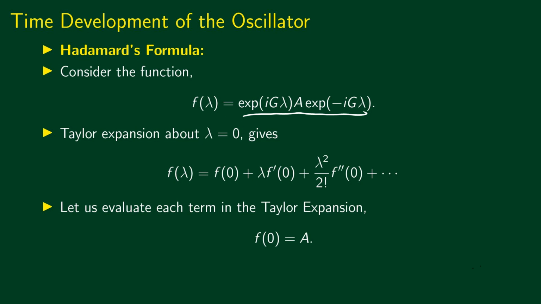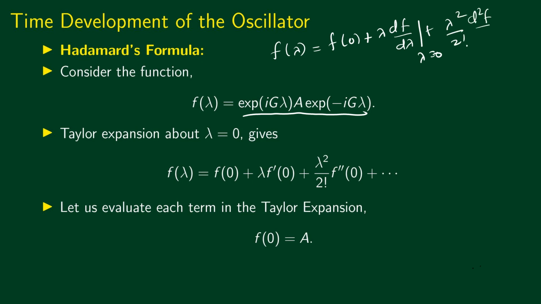lambda equal to 0. We know that for some function f of lambda, the Taylor series expansion about lambda equal to 0 gives f of 0 plus lambda multiplying the derivative of f with respect to lambda evaluated at lambda equal to 0. The next term we know is lambda square divided by 2 factorial multiplying the second derivative of f with respect to lambda, again evaluated at lambda equal to 0, plus etc. Okay.